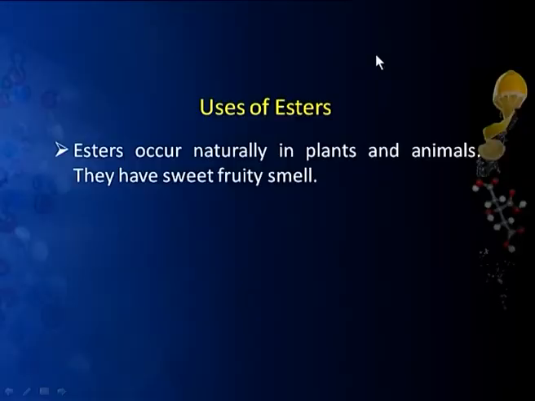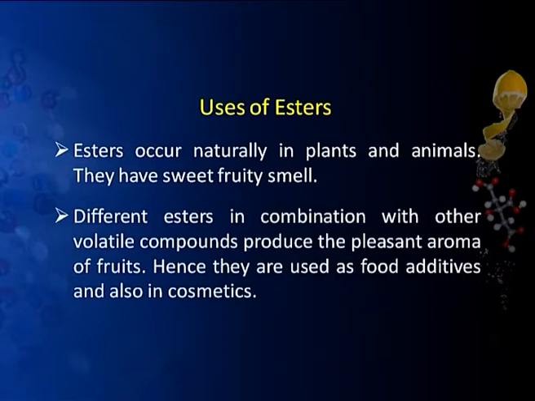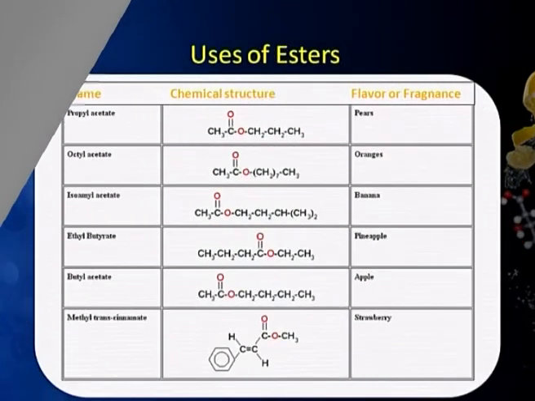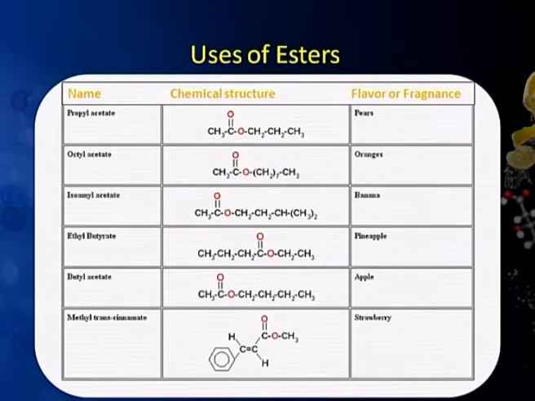Now, let us discuss some uses of esters. Esters occur naturally in plants and animals. They have a sweet fruity smell, and different esters in combination with other volatile compounds produce the pleasant aroma of fruits. Hence, they are used as food additives and also in cosmetics. This table gives you the aroma or fragrances of different fruits from different esters.